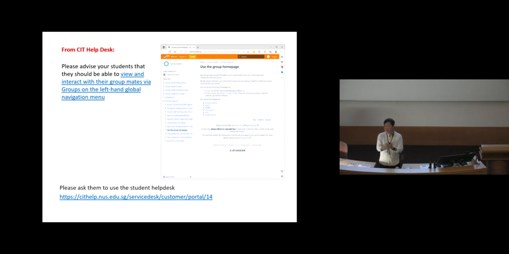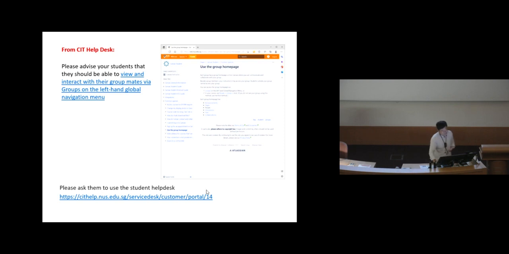Regardless, if you have a problem with the IT tools, please contact the student help desk. If you have an issue with an administrative matter, please contact your respective admin staff in your department. I guess they are in a better position to advise you.